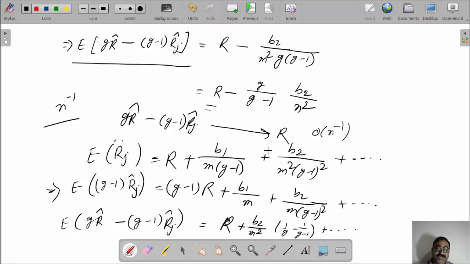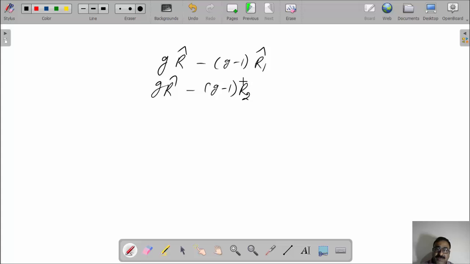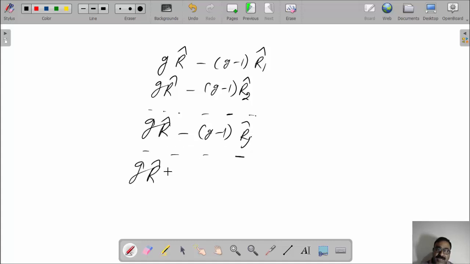Now we can construct g such estimators like g r cap minus g minus 1 r_1 cap, g r cap minus g minus 1 r_2 cap, and so on, g r cap minus g minus 1 r_j cap and g r cap minus g minus 1 r_g cap.